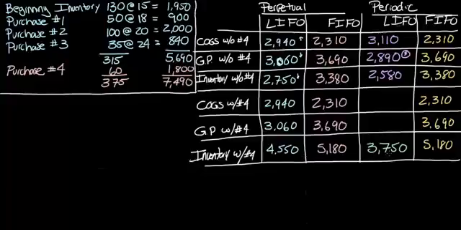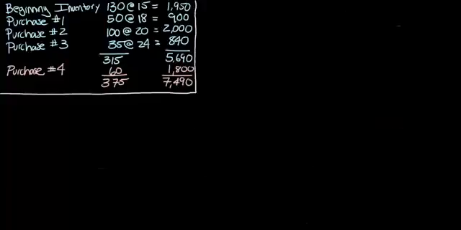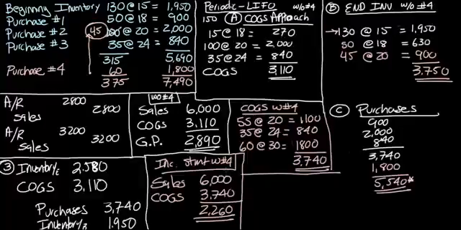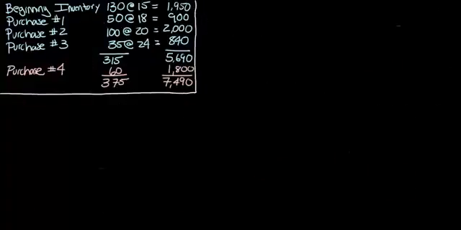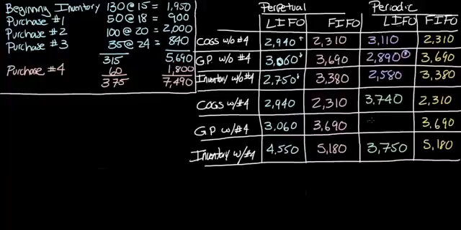My cost of goods sold with number 4 is 3,740, and I got to jump back up here and see what my income was. 2,260. So my gross profit is 2,260.